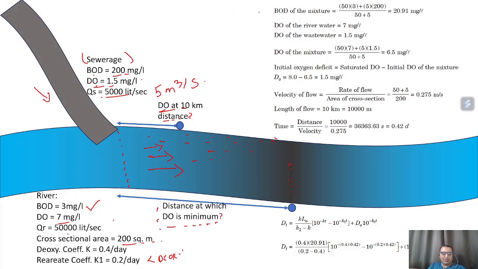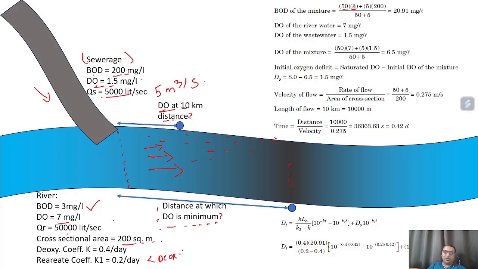Now, from the given information, we will find the BOD of the mixture. As we said, 50 meter cube, and 3 milligram per liter of BOD is in the river.